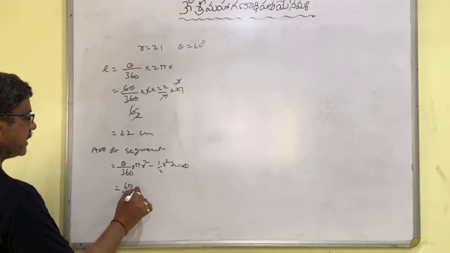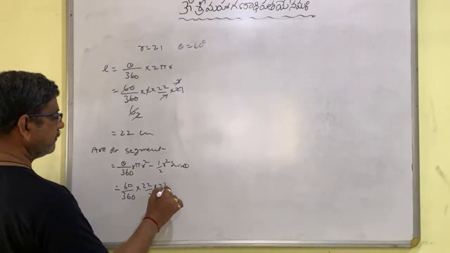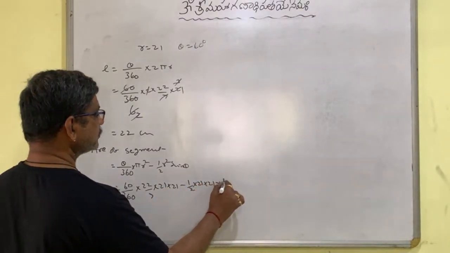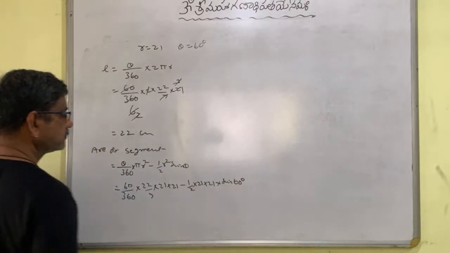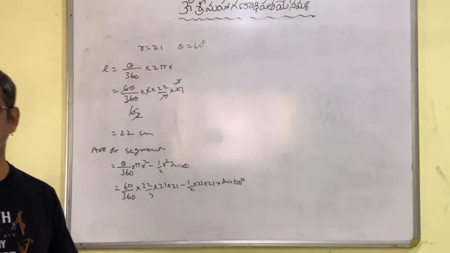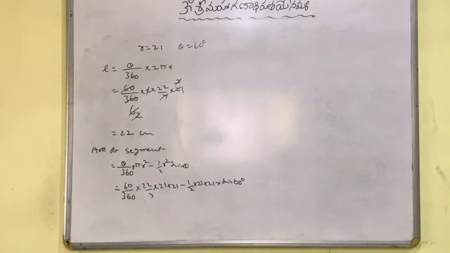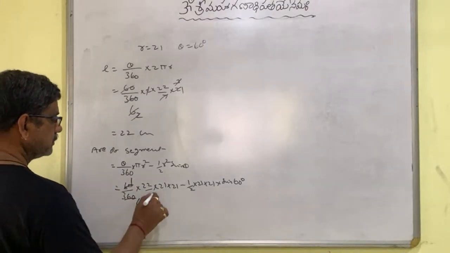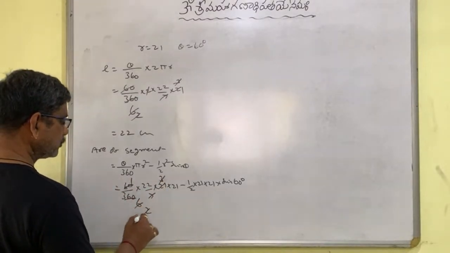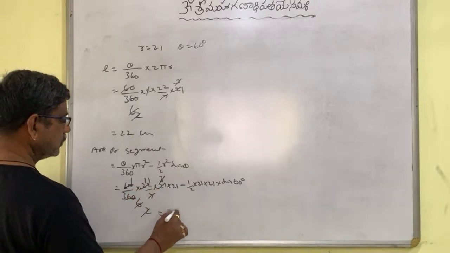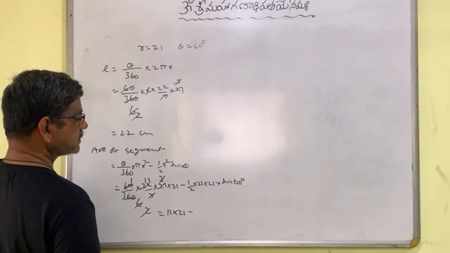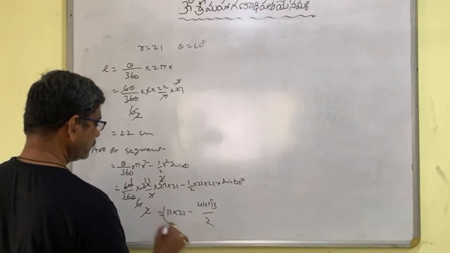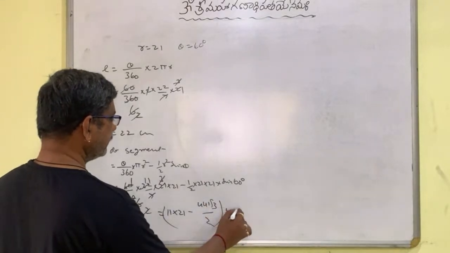Sixty by 360, 22 by 7 into 21 into 21 minus half, 21 into 21 into sin 60. Six times 3, 3 twos, 2 11s. So 11 into 21 minus 441 root 3 by 2 centimeter square.